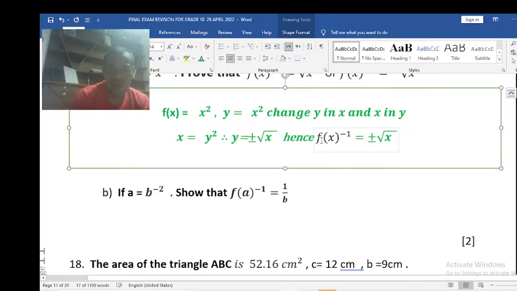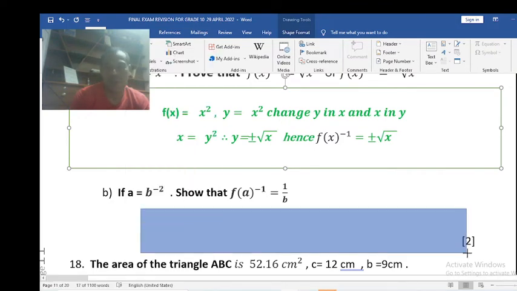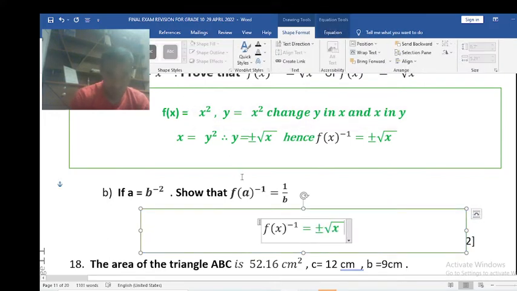I will use this fact. We told f minus 1 of a equals plus or negative the square root of a.